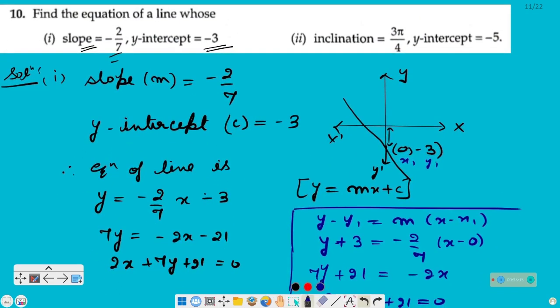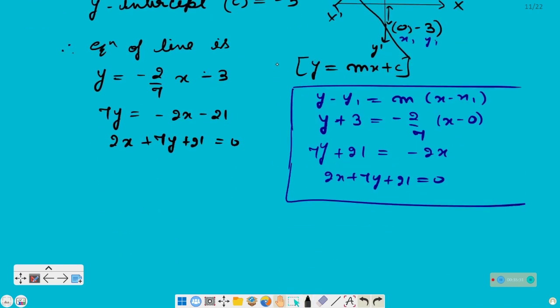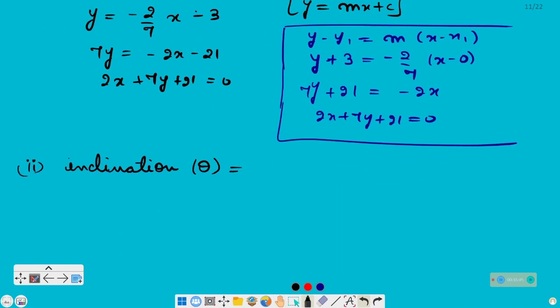Second part, inclination is 3π/4 and y-intercept is -5. You can solve this also by any method. First of all, with the help of inclination, find slope. Inclination is 3π/4. Then slope will be tan theta, means tan 3π/4.